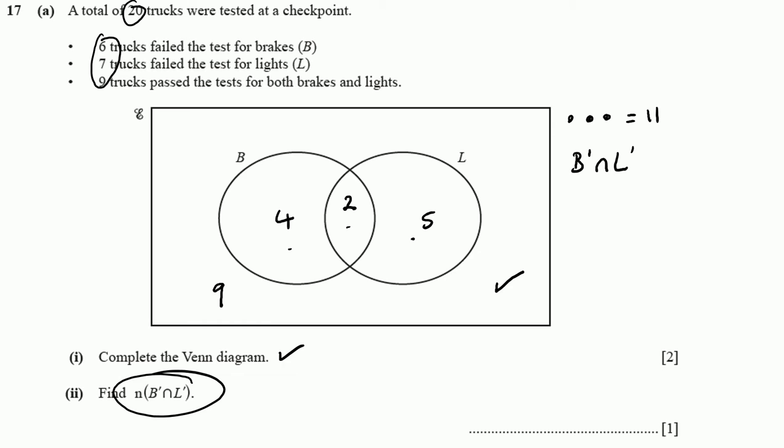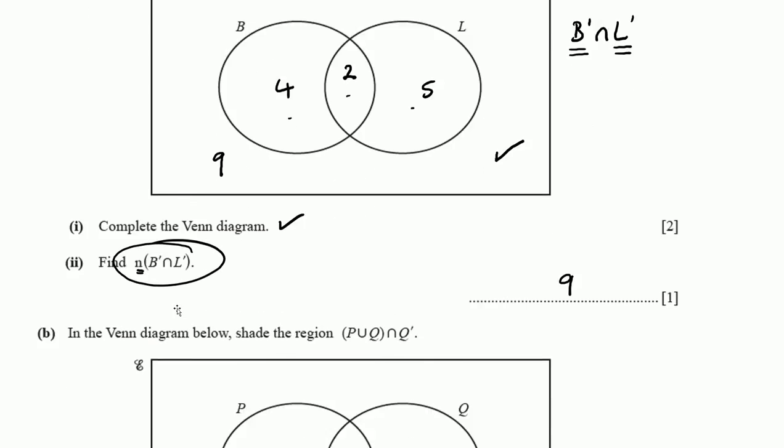None of these 3 areas here satisfy those conditions. We are either in B or in L, so we cannot possibly satisfy the condition that we are both not in B and not in L. In other words, the only part of this Venn diagram that satisfies that condition is what's outside of those 2 sets. The little n asks for the number of elements which are in this region, and so that's just going to be 9. Let's move on.